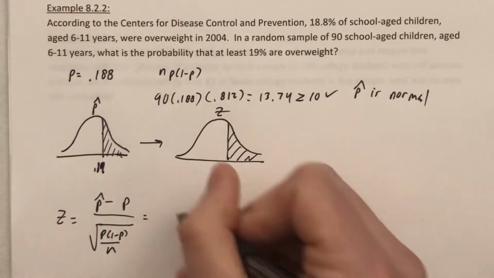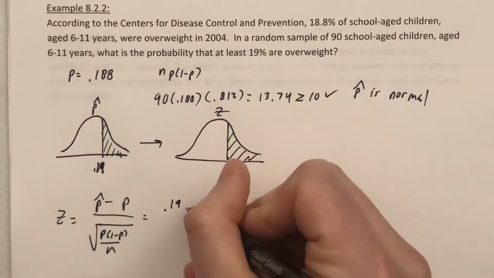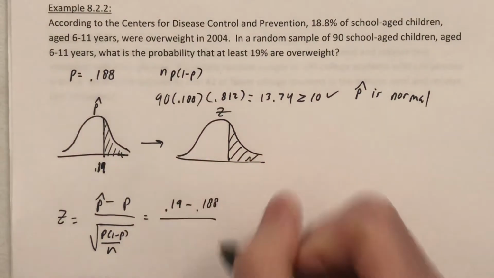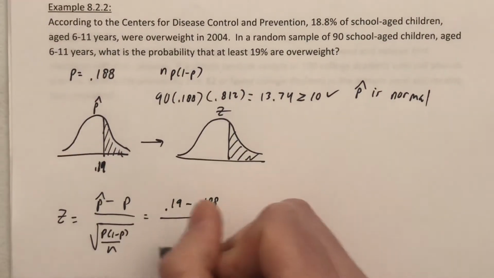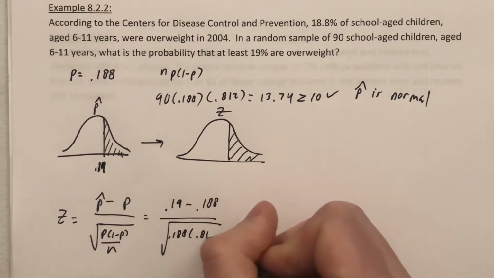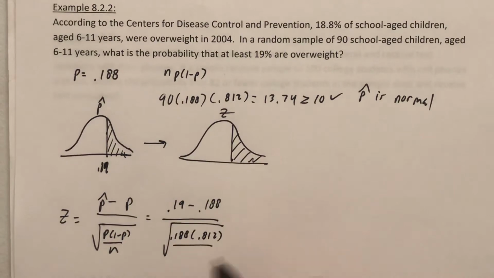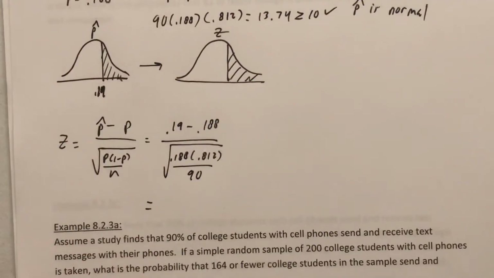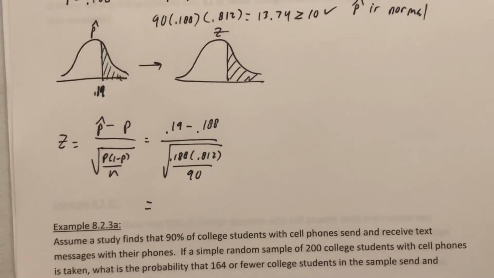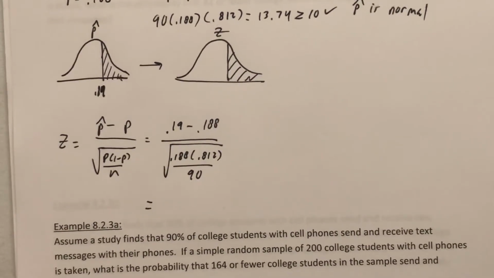Plugging in all our numbers, p hat in question is 0.19. The value of p is 0.188. Make sure you use p down here in these calculations, so 0.188 times 0.812, and then the size of our sample was 90. I'll show you what this looks like on the calculator when I'm done, just to again make sure you're familiar with the syntax.